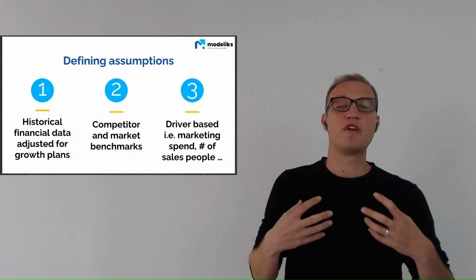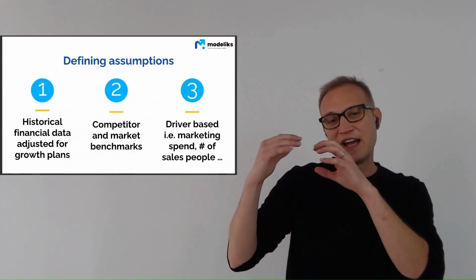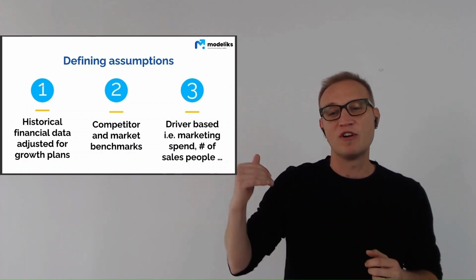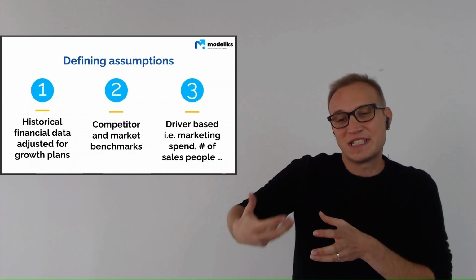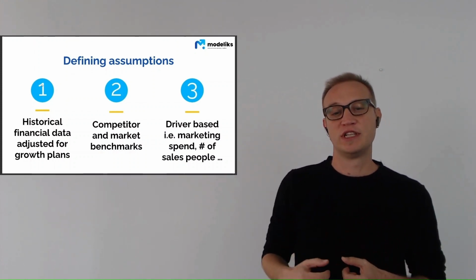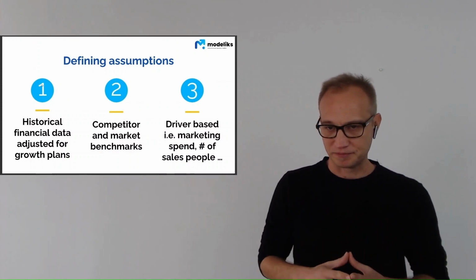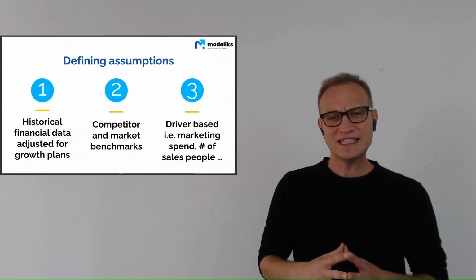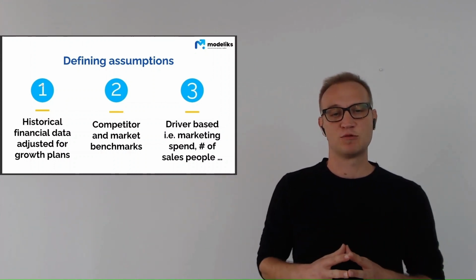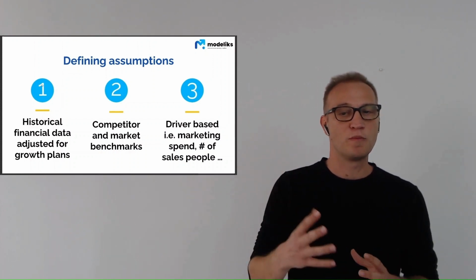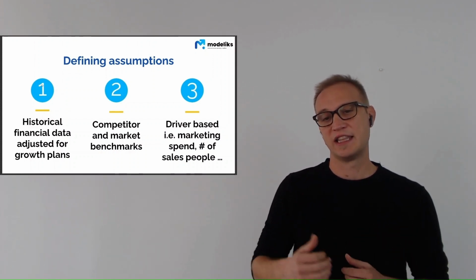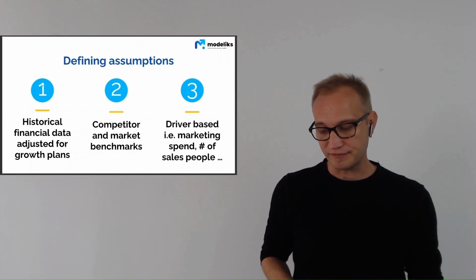So if your revenue model is defined in detail on a driver level, then you should define your assumptions at those drivers using market and competitor benchmarks as well. So those are the three ways that you can define assumptions and the value of those assumptions: historical data, competitor benchmarks, and driver level benchmarks.